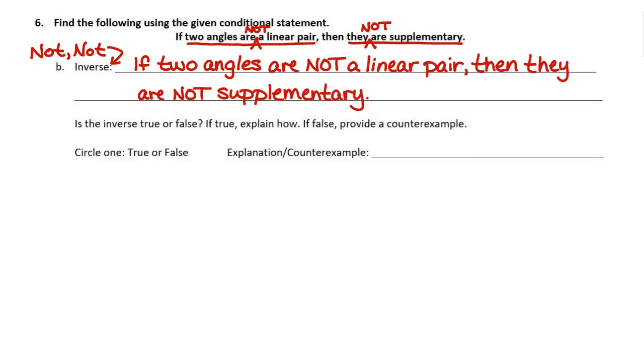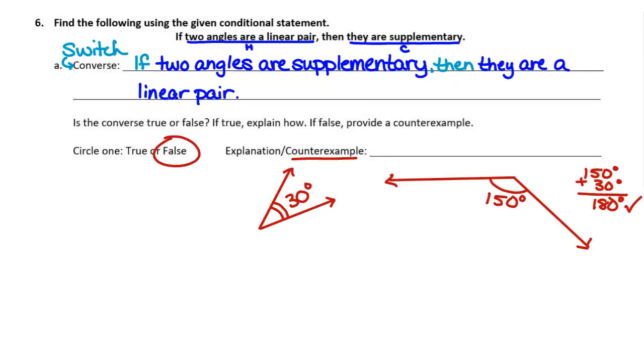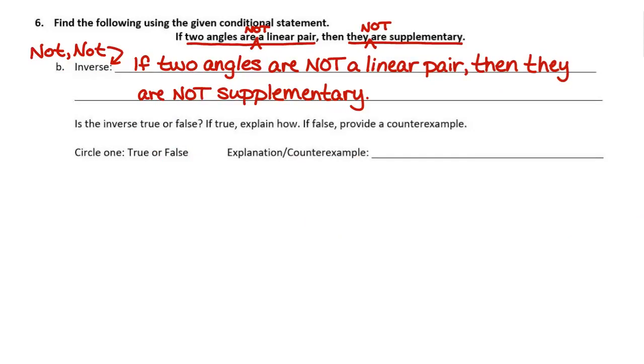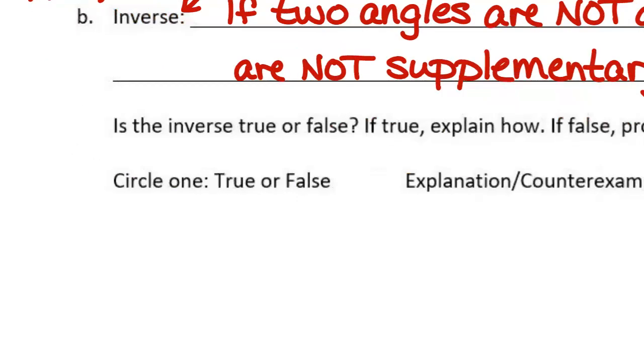Those two always will have the same truth value. The same thing is true about my converse and my inverse. If the converse is true, the inverse is true. If the converse is false, the inverse is false. Was our converse true or false? False. So this inverse would have to be false.